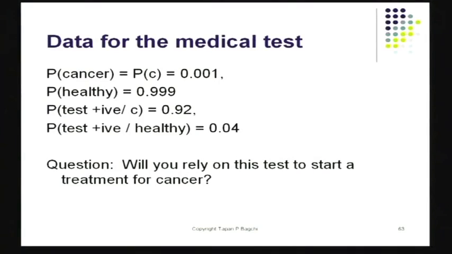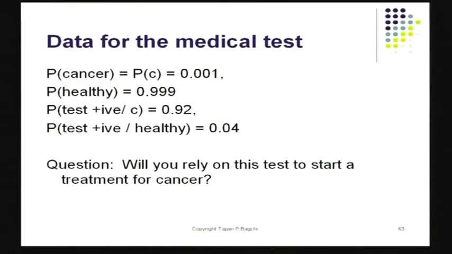So what is the data that has been given to us? I'm first presenting you just the data, and the data is this. In the wide population, 0.1% of people have cancer, and that means 0.999 is the probability of the person being healthy. No problem there. And the instrument's capability is the following.